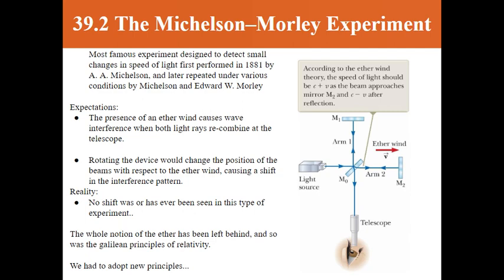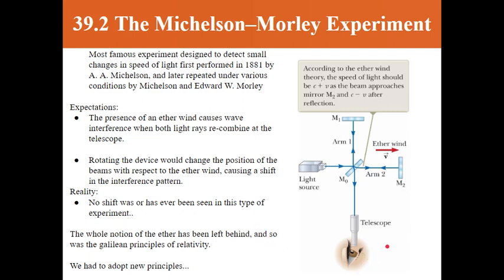That did not happen. Rotating the interferometer 90 degrees or any other angle, or making the arms longer and longer for better sensitivity on how much the fringes could potentially shift, did not make a difference.